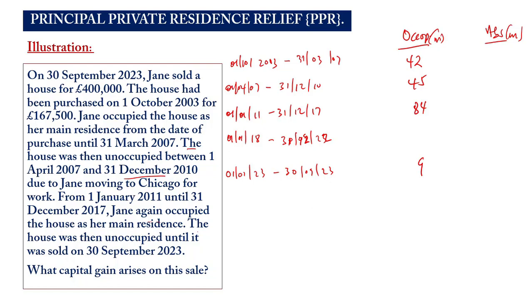So we were saying that the house was then unoccupied until 30th September. Here you realize that it is 5 years because she didn't come back to live in the house. The 3 years has been lost. If she had come back to live in the house, maybe from 1st January 2021, then 3 years would qualify her for deemed occupation.